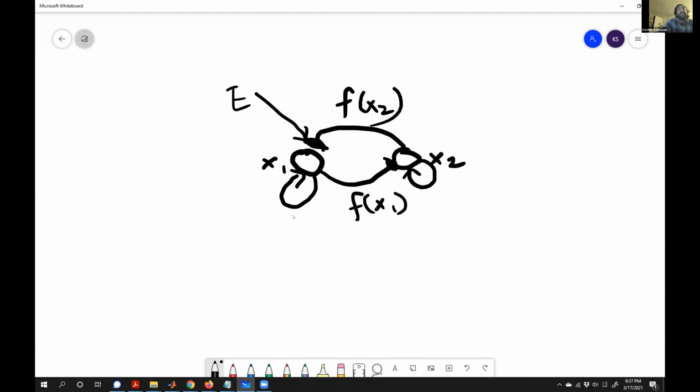So this is inhibition. So this is excitation. And these are the two cells. And in this case, I'm just saying X1 is getting an input, E1, and X2 gets E2.